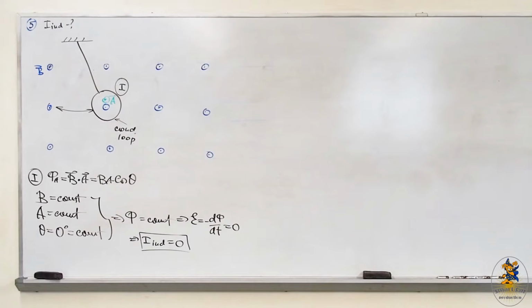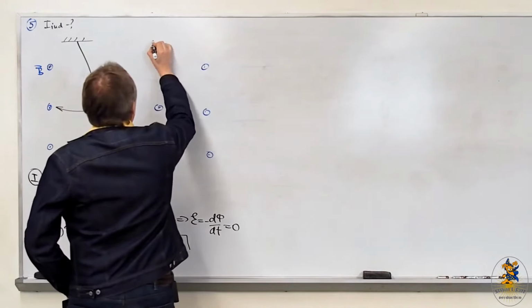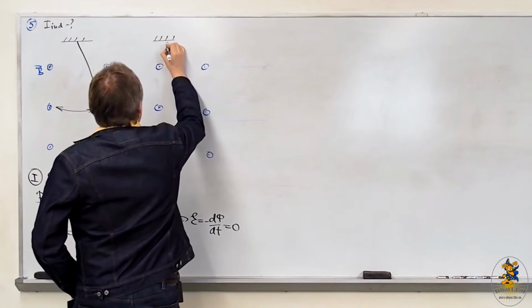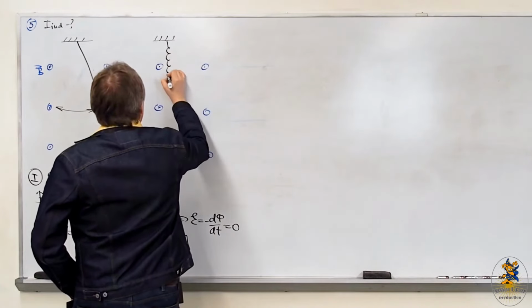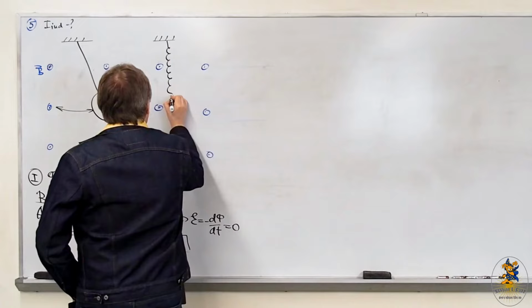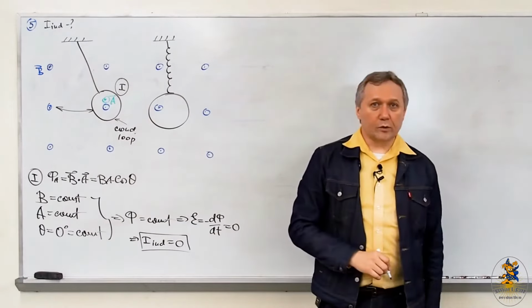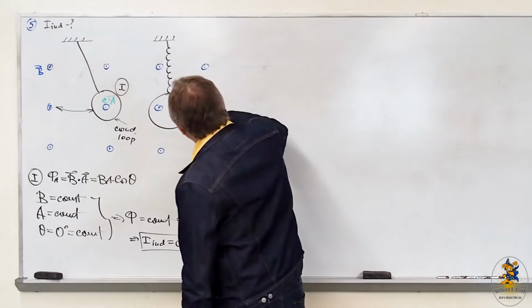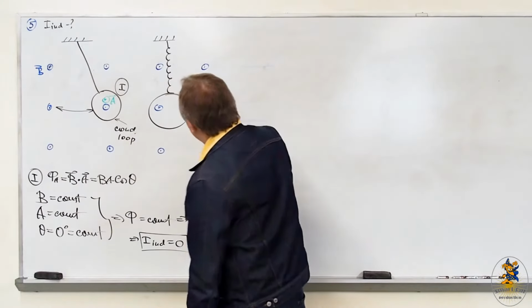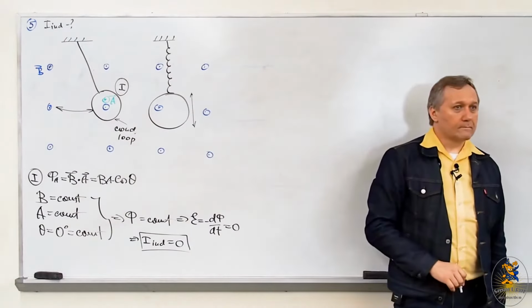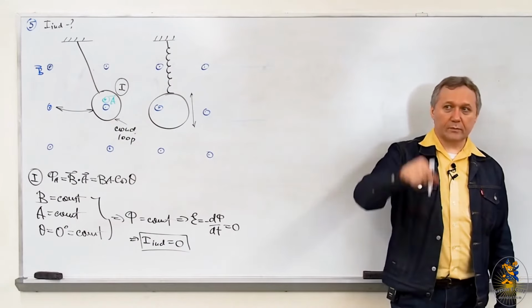So that's the first situation. Now, second. Let's say we have a spring, and over here there is a loop. Again, a conducting loop. This loop moves up and down, oscillates up and down, up and down.